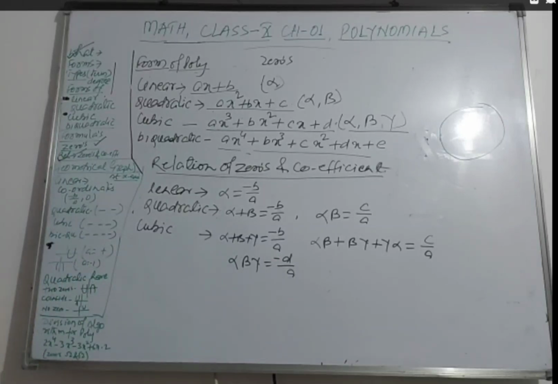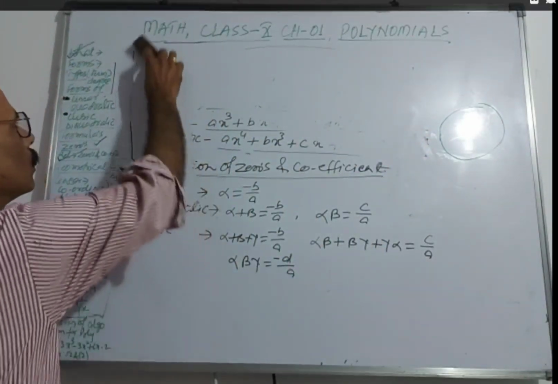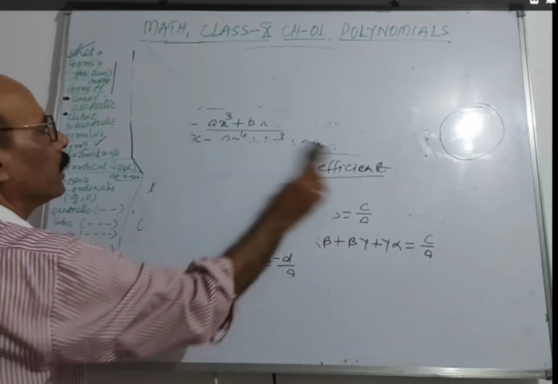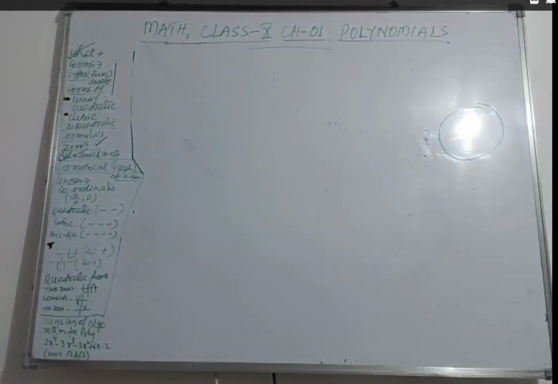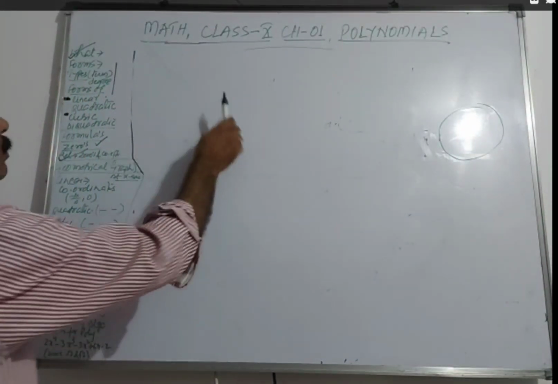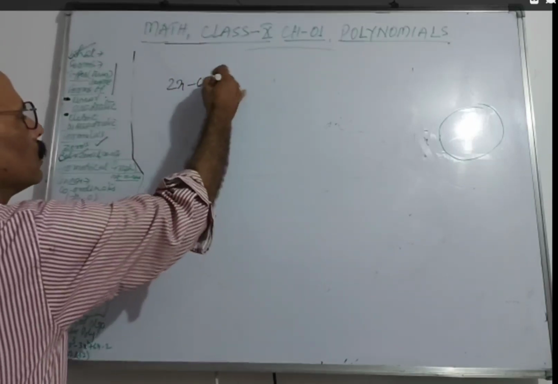Now the graphical method, for linear equations. Now we will discuss the graph. In class 9 we already did polynomials and their graphs. Suppose we have written 2x minus 6 is equal to 0.